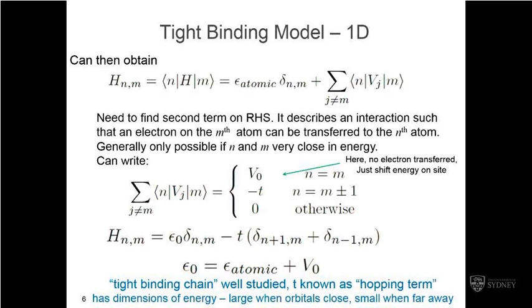What determines whether it's easy or not to hop to a neighboring atom is, for example, how close the energy levels are between the atoms. If the energy levels are close, then it takes little energy to hop to the other atom, and that's when you'll get a big T. If the energy levels are widely separated, it costs a lot of energy to hop, and you'll get a small T.